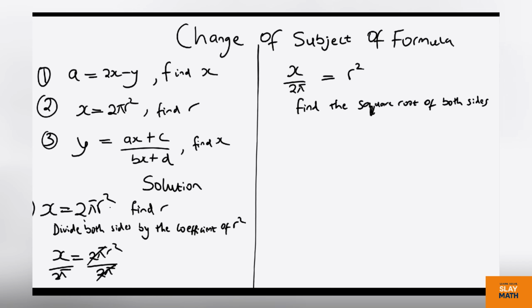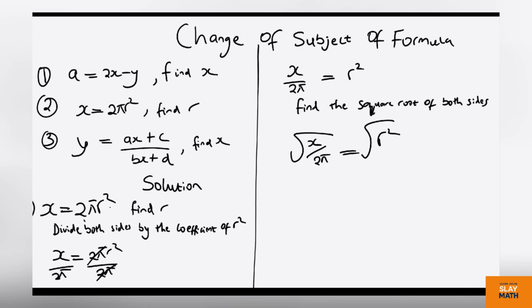So we're going to have the square root of x over 2 pi is equal to the square root of r squared.